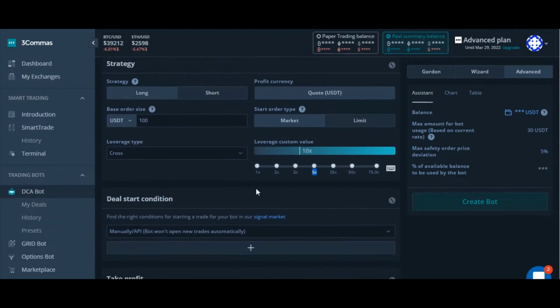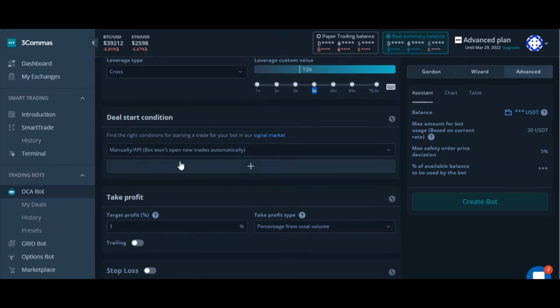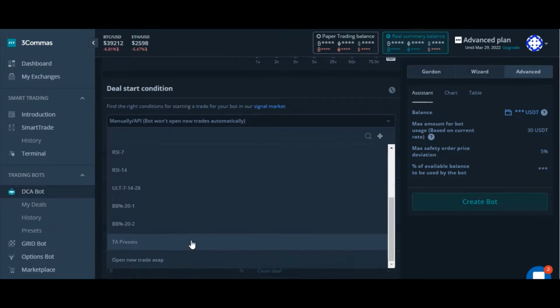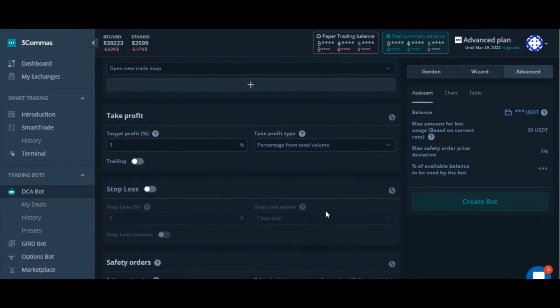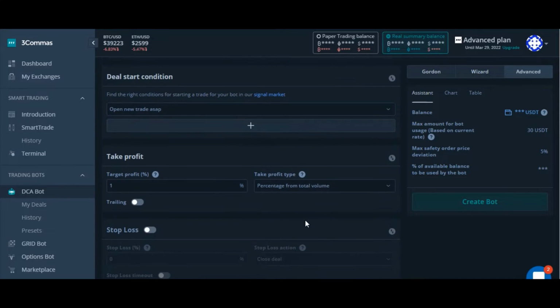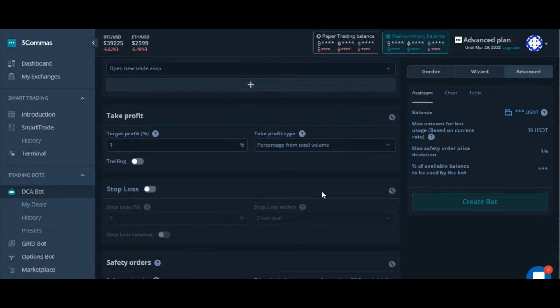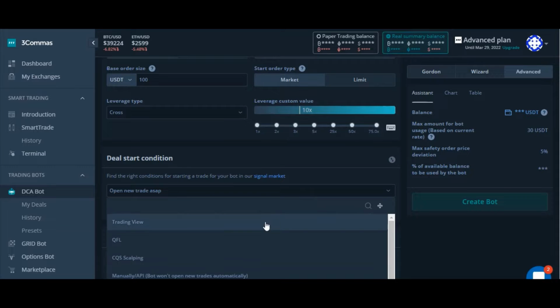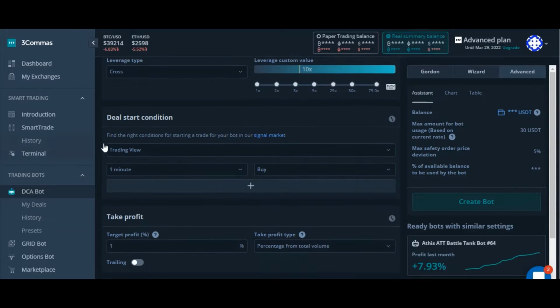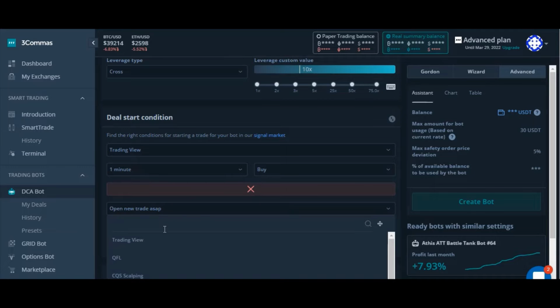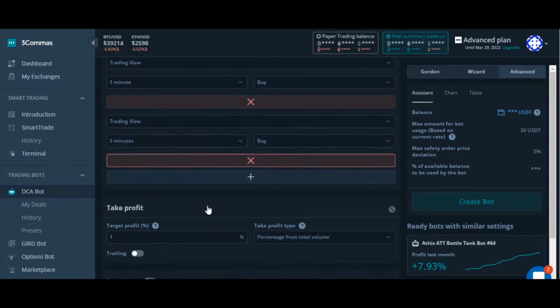Right, and the deal start condition I'm putting here as open new trade as soon as possible. Because this is a DCA bot, dollar cost averaging, it will keep buying safety orders, so I don't need to wait some time to start this order. But if you wish, you can select TradingView and wait for the buy signal, say a 5-minute buy signal.